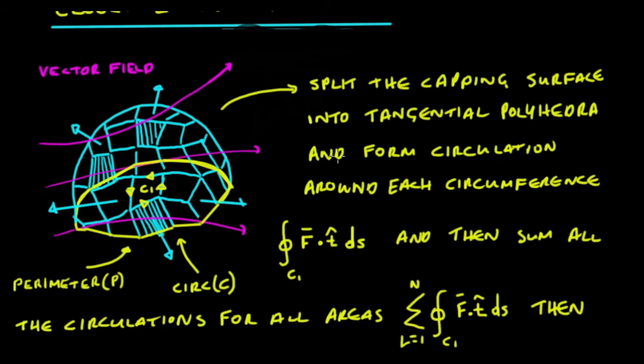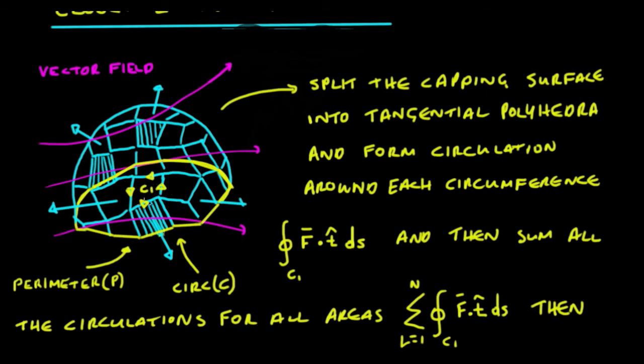So then, after we've split that into the little polyhedra, we're going to look at the circulation around each of these polyhedra, and we're going to use the right hand rule as well. So the normal will be coming out towards us here in this little area C1, and we'll be going round in an anti-clockwise direction, and we'll be looking at the circulation around that.